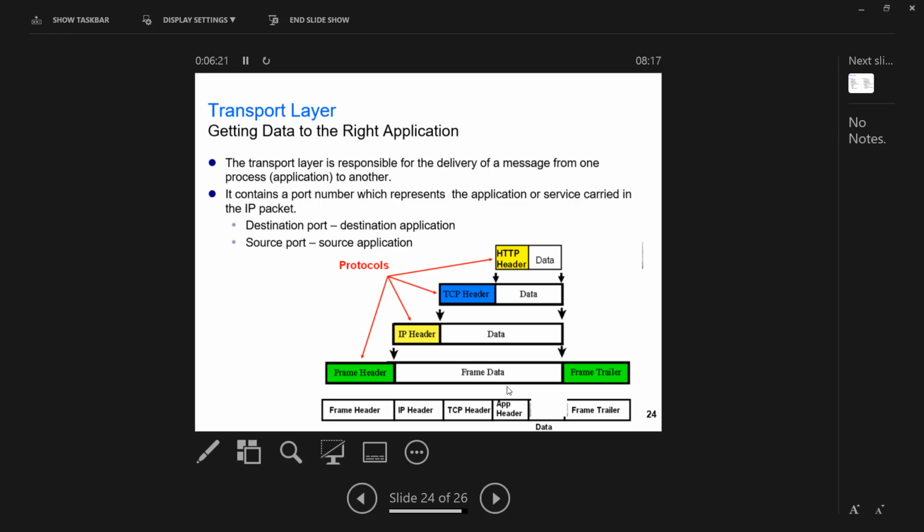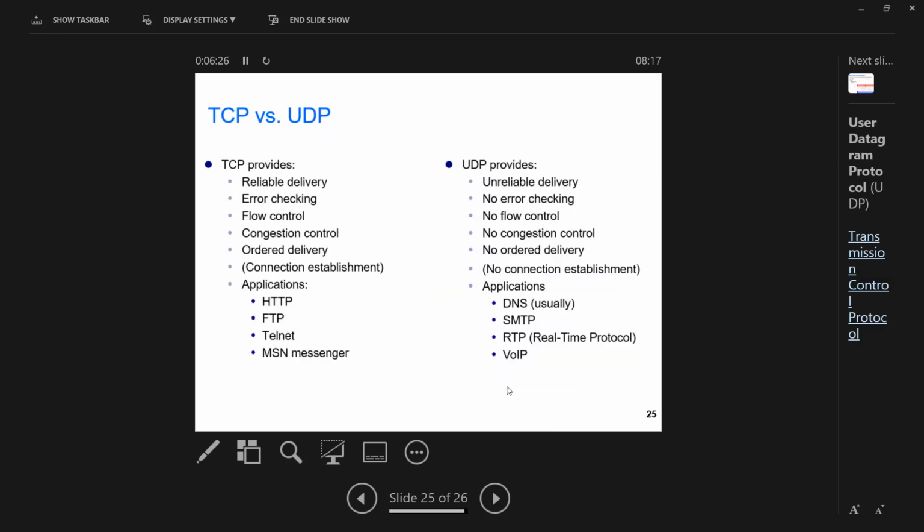Okay, but in this course we will not talk about the transport layer. And I think you studied in Network 1 two main protocols in the transport layer, which are TCP and UDP. The main difference is that TCP supports reliability, error checking, and flow control. It's more reliable, for high quality applications.